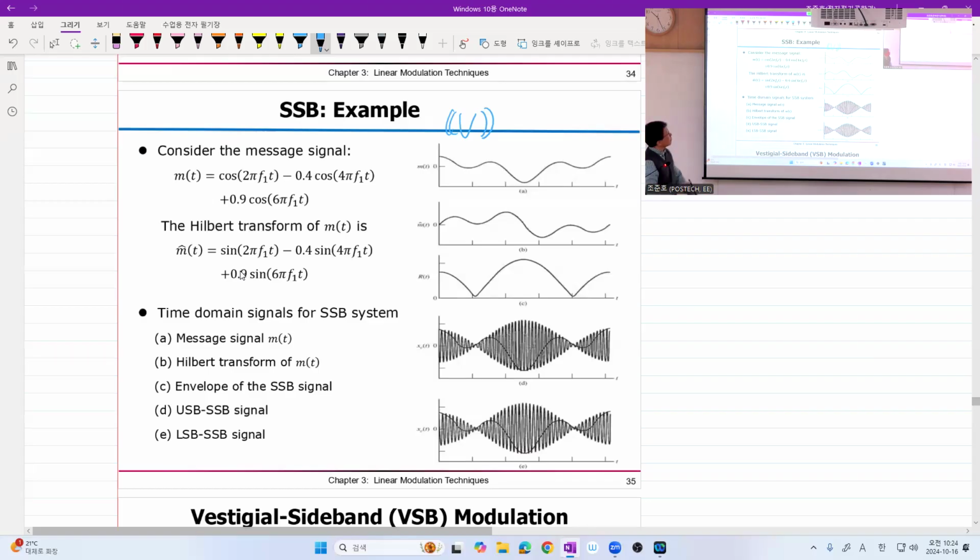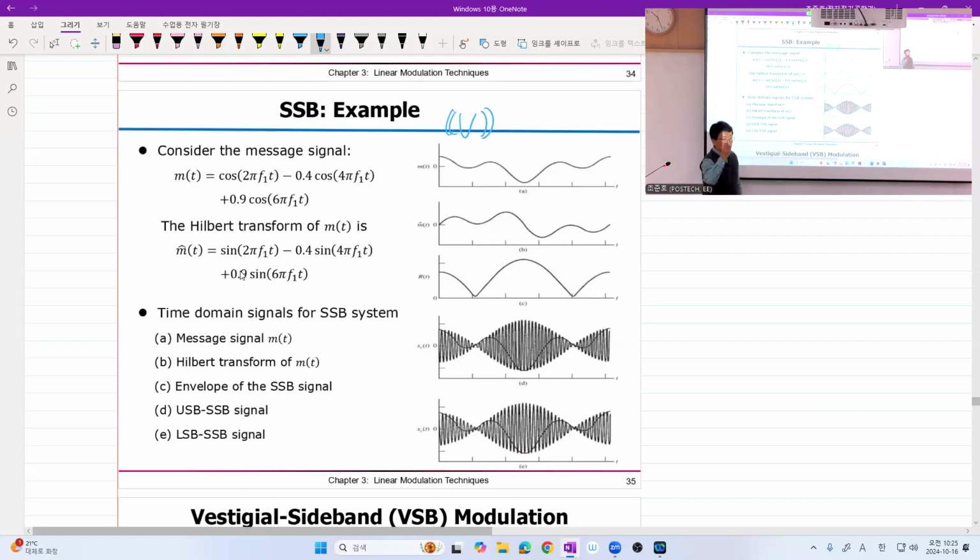Got it? Anyway, so suppose this is the message signal, and I don't know how, but this is the Hilbert transform. Oh, I got it. So here, m of t is not just drawn. M of t is given in this way. So we have 3 components, cosine, cosine, cosine, and they are harmonically related, which means that they have a common frequency.